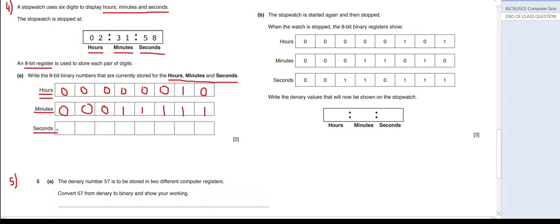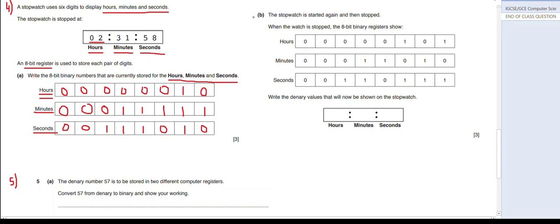For seconds, which are 58, the answer will be 0, 0, 1, 1, 1, 0, 1, 0. Right? We just have to convert this denary 2, 31, 58 to binary.